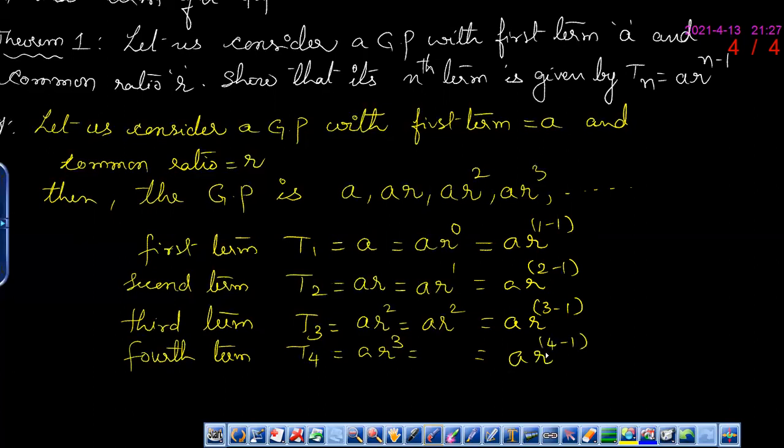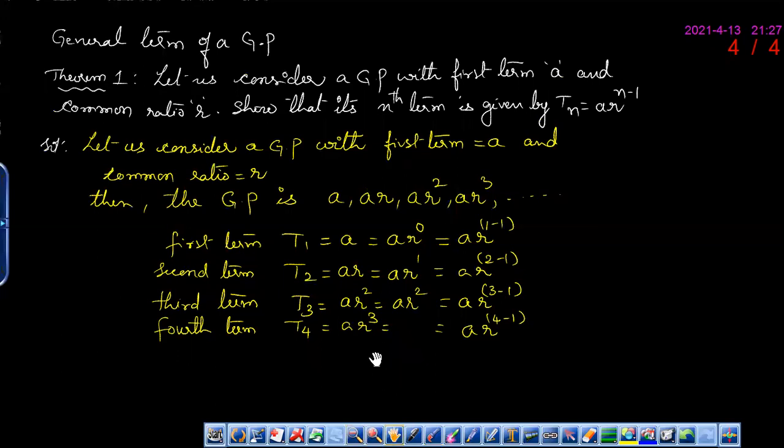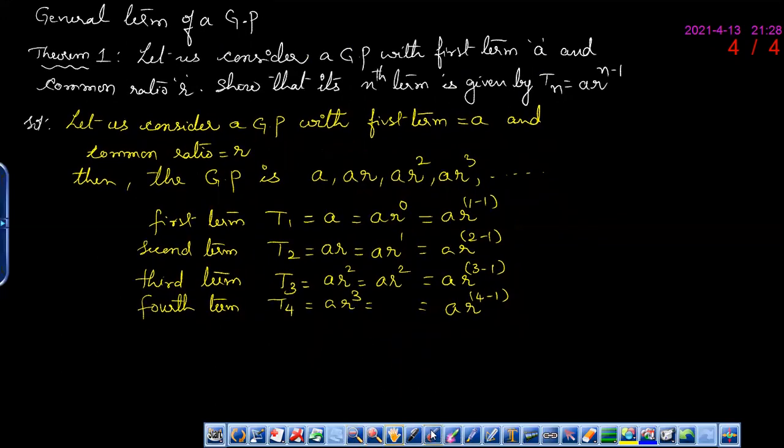So what do I get? And so on. Tn is equal to AR to the power n minus 1. So the nth term Tn is equal to AR to the power n minus 1.